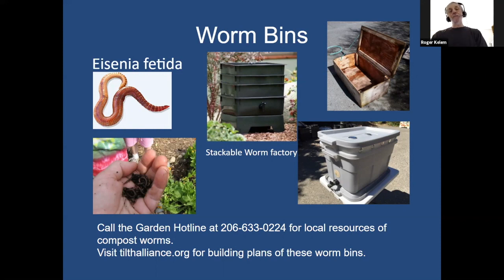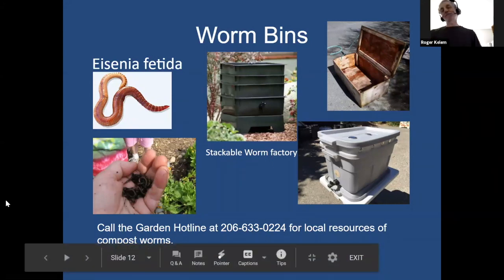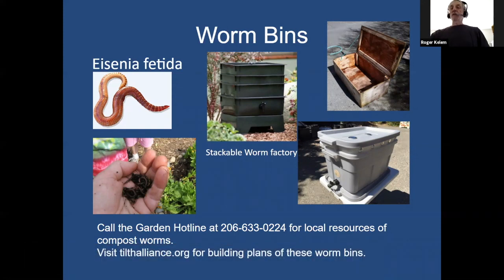The 3 basic types of systems. The one in the upper right is a big bin. It's generally 2 feet by 4 feet, and it is a large size, maybe good for a family. The one underneath that is a plastic bin, and it can be any size. It's generally smaller, and Tilth has directions for how to construct those.